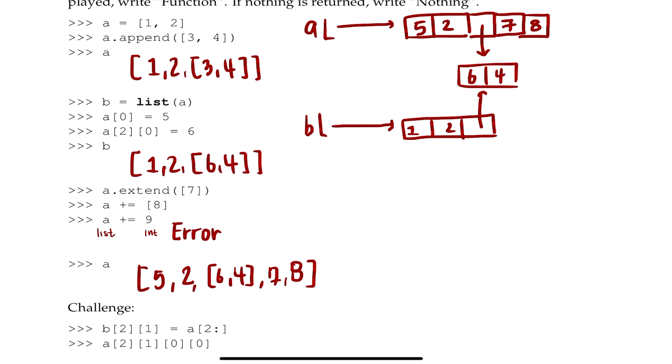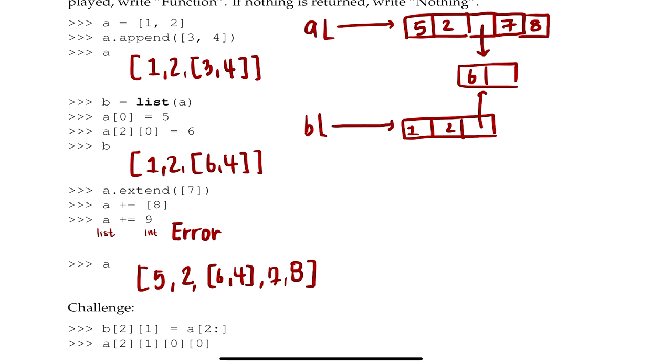We want to change that to whatever is outputted when we slice list A from index 2 to the end of the list. So 0, 1, 2, we start here and slice until the end, and this is what we want to set this element equal to.